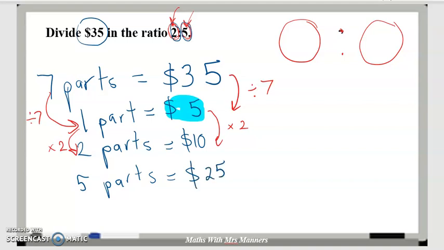So if I want to divide $35 in the ratio 2 to 5, the answer would be that we've got $10 is one of my quantities, and the other quantity would be $25.